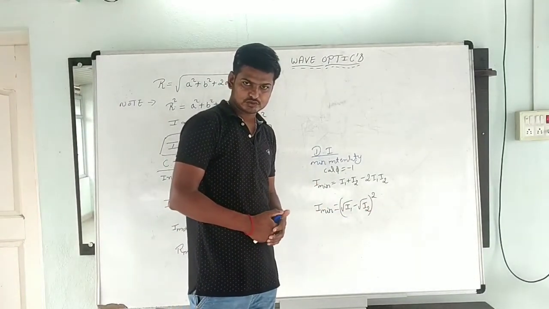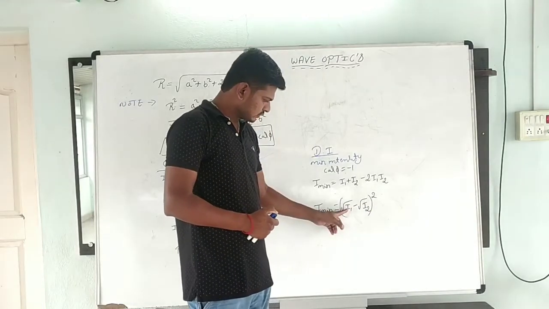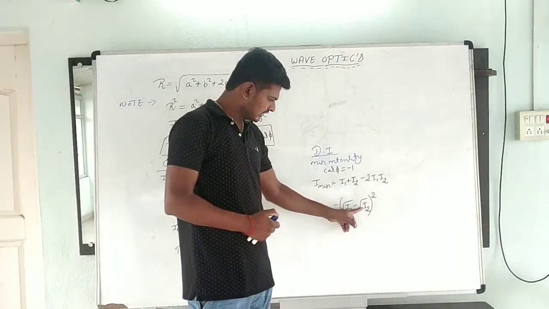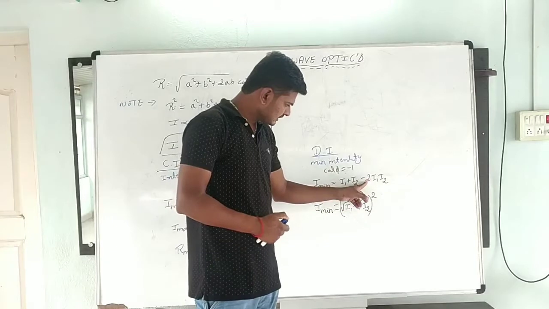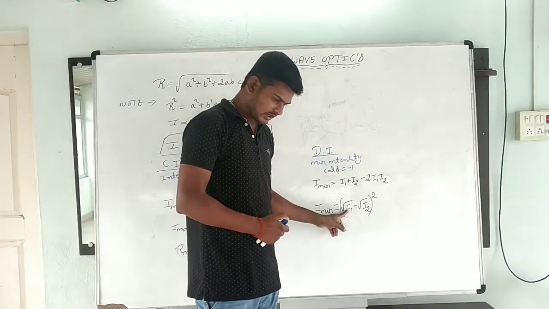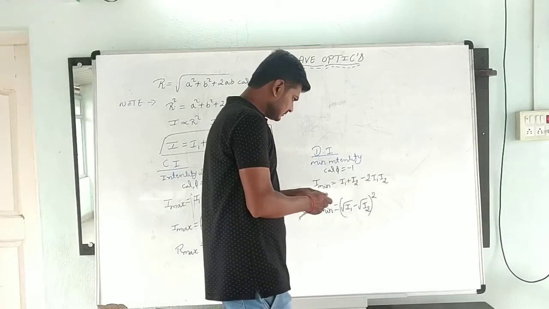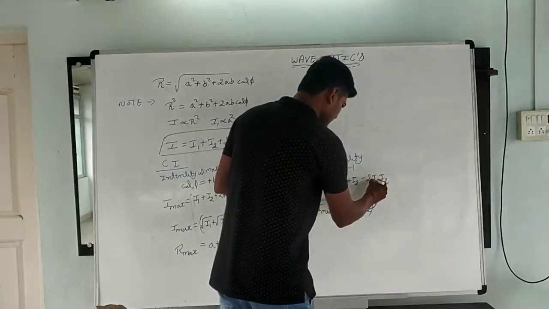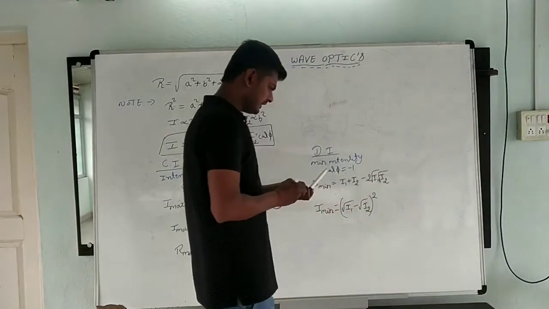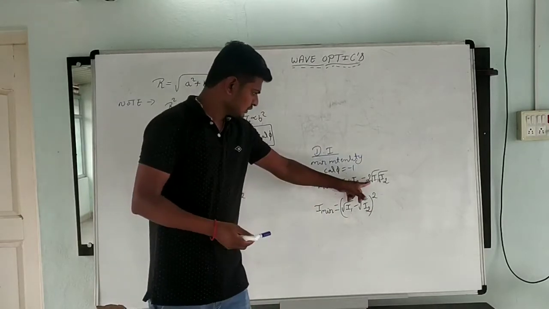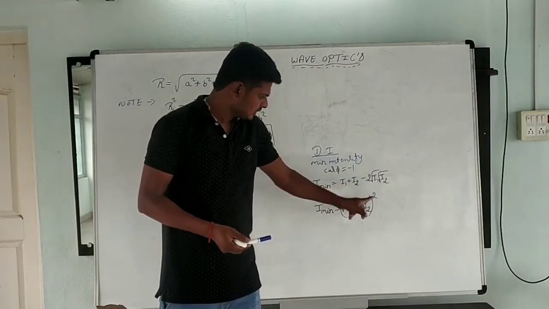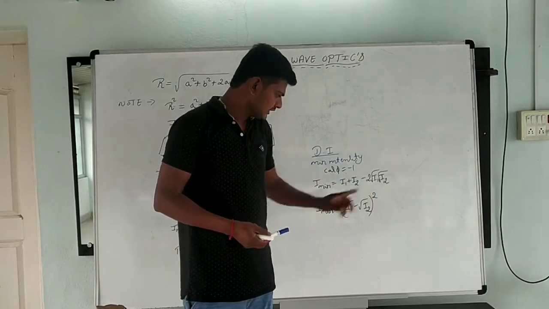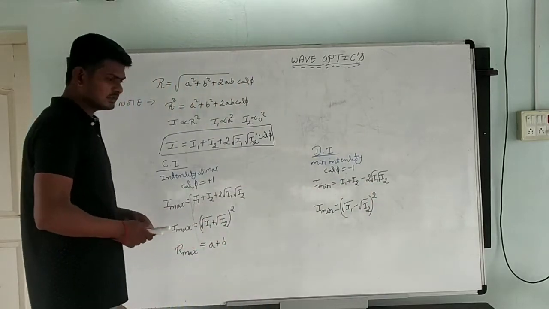Root I1 square means I1, root I2 square means I2, minus 2 root I1 root I2. A means root I1, B means root I2. This is the minimum intensity.